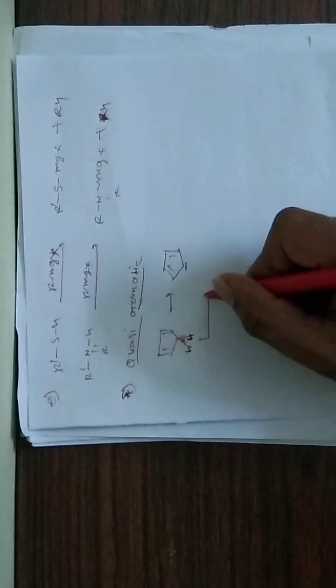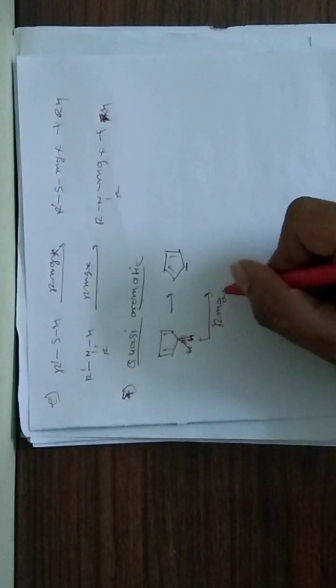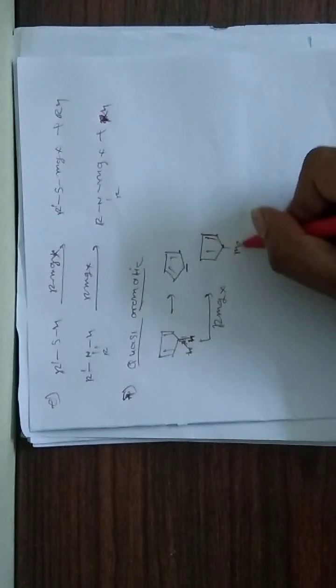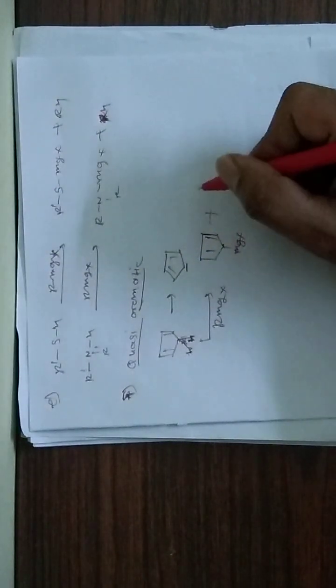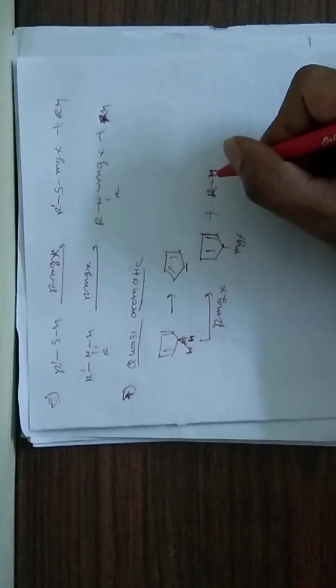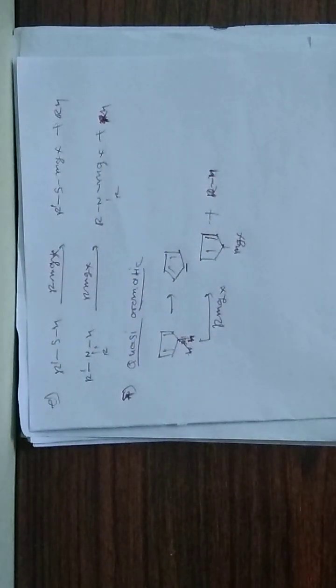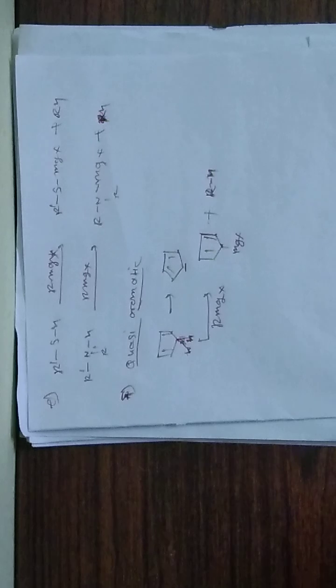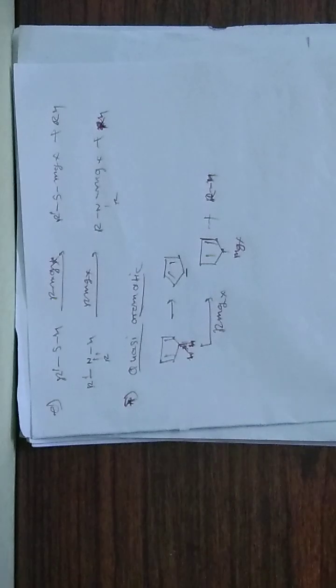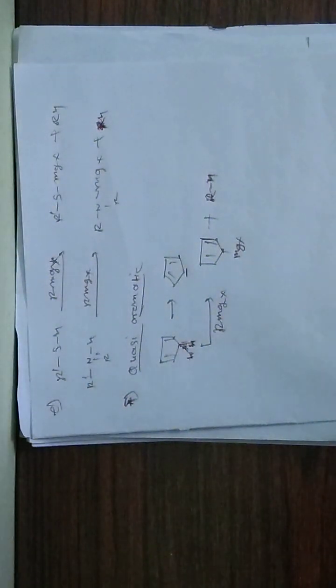If you react it with a Grignard reagent, it will form the MgX salt plus RH. So if this type of compound is given in the question, do the acid base reaction first, then go for the nucleophilic addition reaction, that is nucleophilic attack of the Grignard reagent.